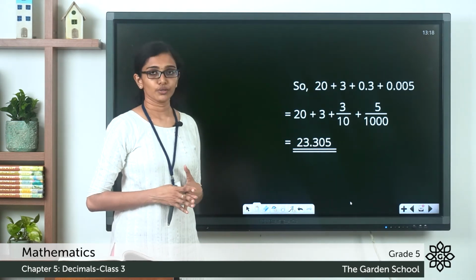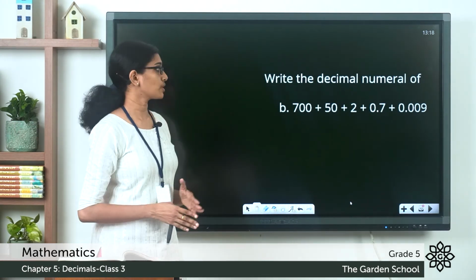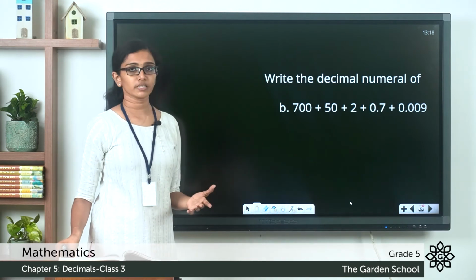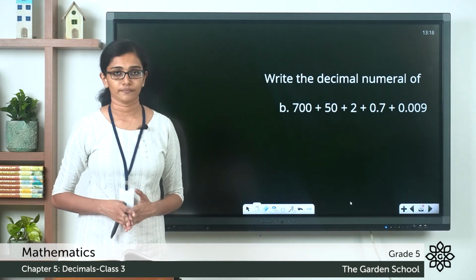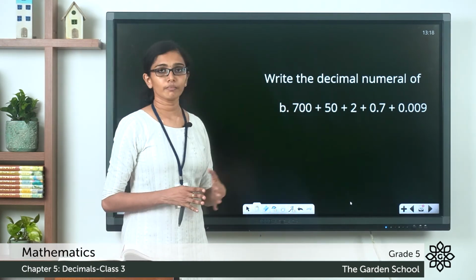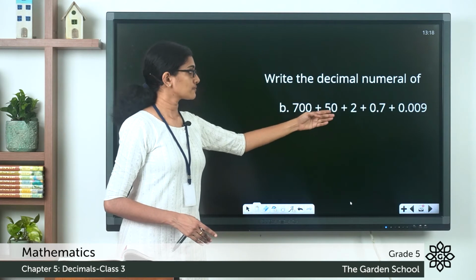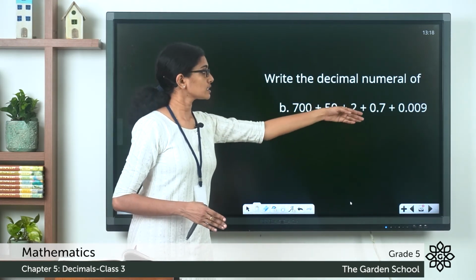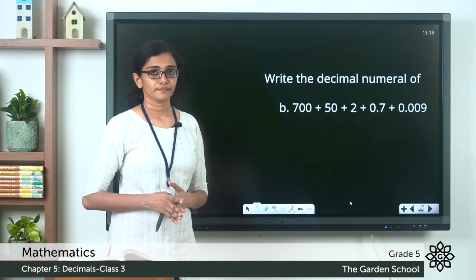Hope this is clear to you. We'll see more examples. Write the decimal numeral of 700 plus 50 plus 2 plus 0.7 plus 0.009. So let's have a look at the whole number part first. The whole numbers are 700 plus 50 plus 2. And the decimal part is 0.7 and 0.009.